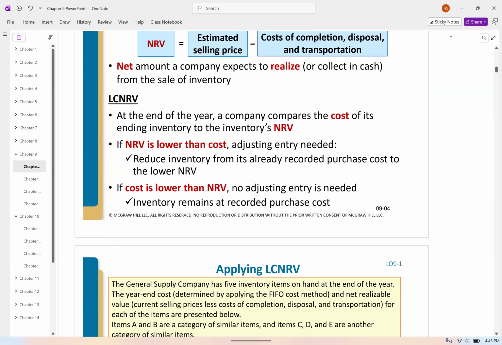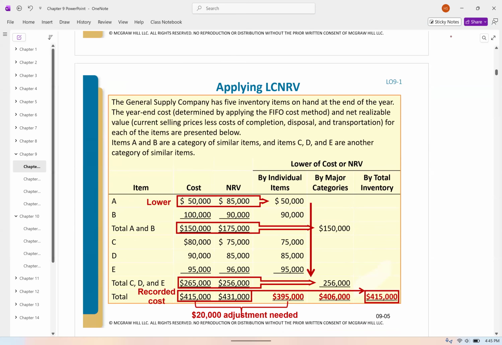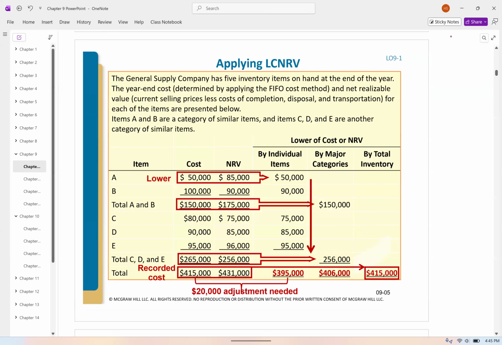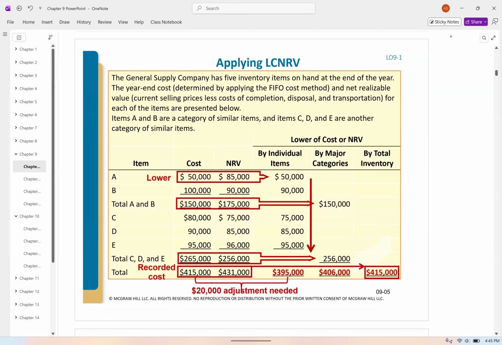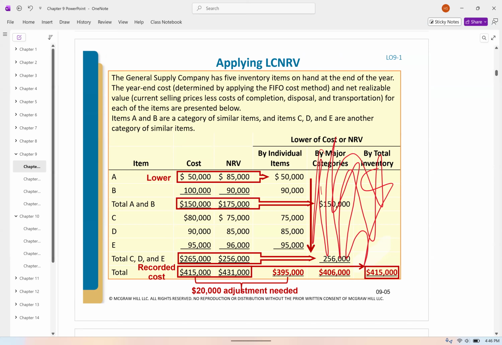Here we can apply this as a whole. They do all three of these: by individual items, major categories, and by inventory total. We're not going to look at these two right now. So let's look at each individual one. They told us the cost was 50,000 and they gave us the net realizable value.